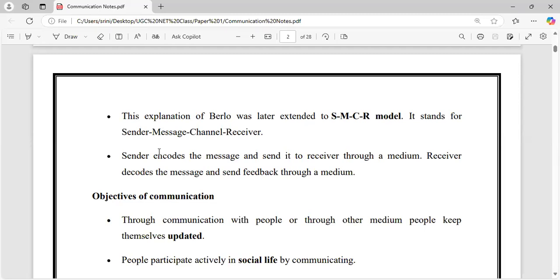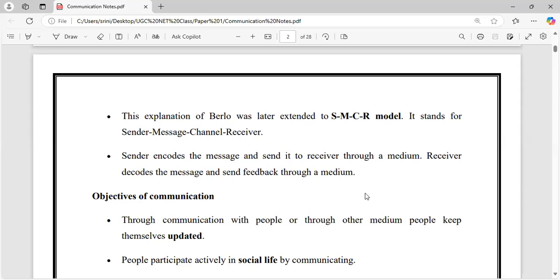Stimulus and sender are both the same. The sender encodes the message, like we have to formulate the message first through our thought process from our brain. That's the formulation of message, so that means encoding. We are not sharing the information, we are just making it up. We are thinking, we are making the information. That is message formulation, known as encoding.